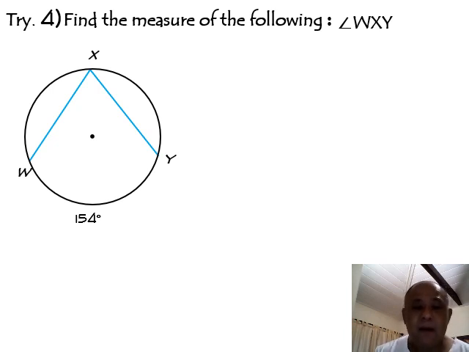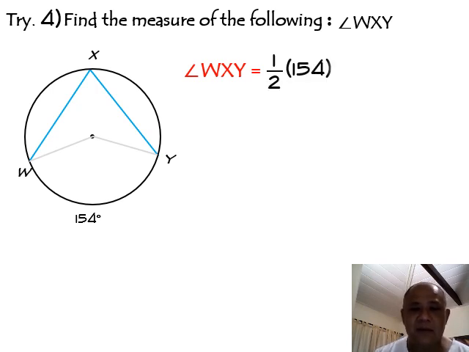Okay, all right, so we see here that WY is 154. WXY will be half that value. So we can say angle WXY is equal to half of 154, which is 77 degrees. And that is it.